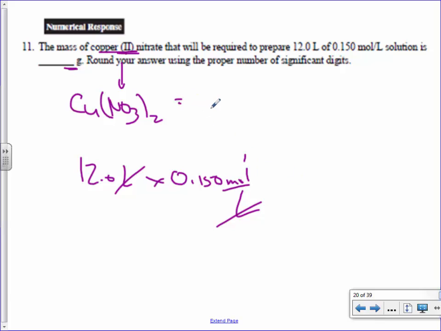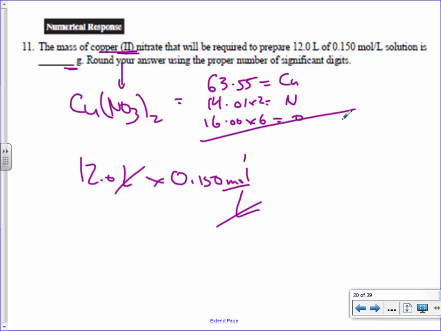So I need to find this guy's molar mass. So I believe copper is 63.55. Nitrogen is 14.01. And you need 2 of those. And then oxygen is 16 right on the dot, and you're going to need 6 of those. Anybody else get that? Okay, good. Thank you. Does that make sense to everybody?